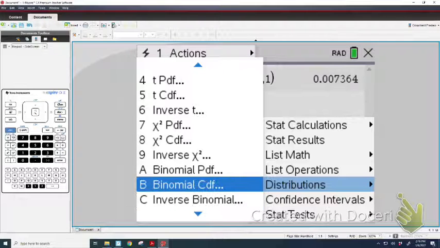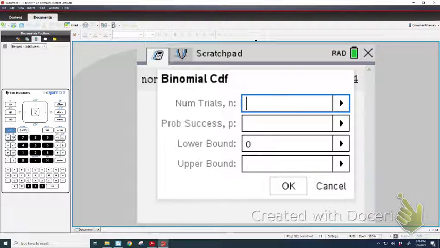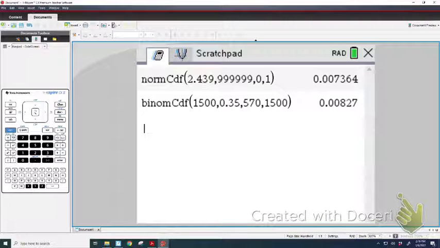It's binomial CDF, because we're looking at a greater than. We had 1,500 trials. We know the true probability is 0.35. Lower bound is 570. Upper bound is 1,500. And look how close those are. The third place is off, but it's even less than that. What is that, 10 thousandths? It's off by 9 10,000ths.